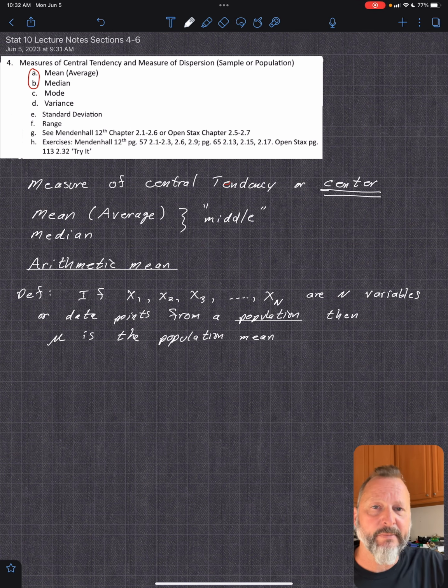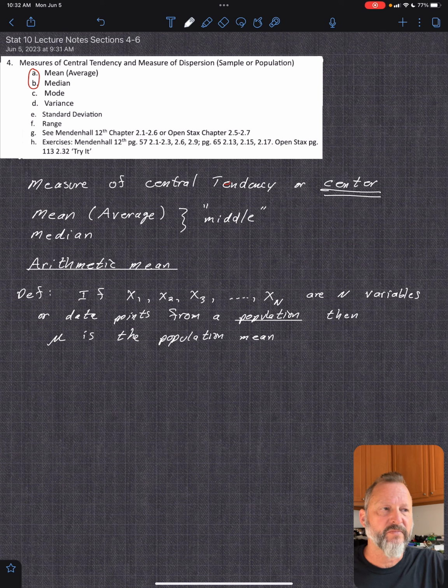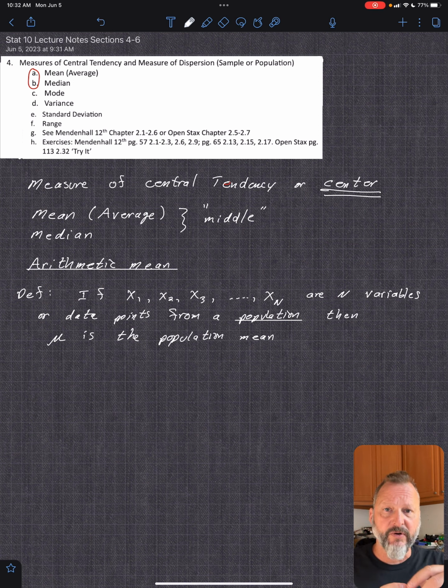Sometimes we will be able to know the entire population. Most of the time in experiments and research, you don't know the entire population; you are only doing a sample of it. That distinction will be important, especially for what we call standard deviation later.